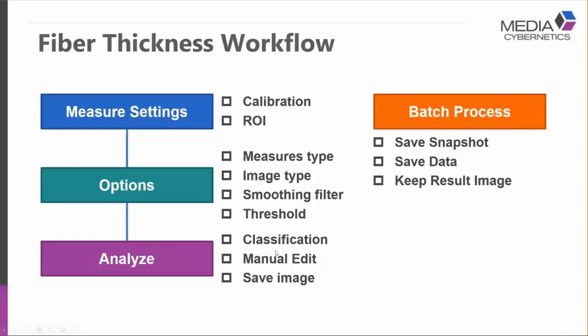It's just the nature of the beast that you may have to manually define or manually edit some of the fibers. Again, we can classify them and save the image. And finally, the whole batch processing section. So if you have, which we've done before, a folder of fibers from, say, a particular lot, you can point to that once you have your parameters set up and then do that batch process.